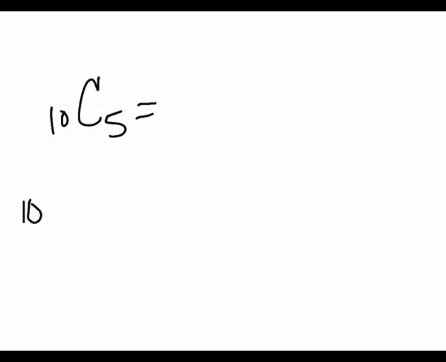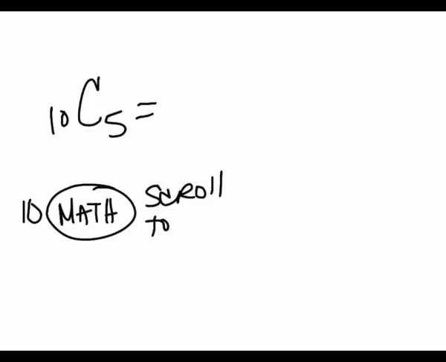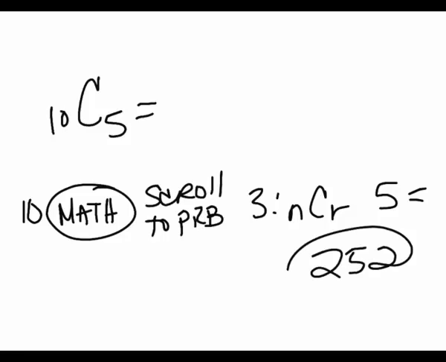You hit the 10 first, math, scroll to PRB, and it's number 3. You hit number 3, and the nCr should go on your screen. Then hit 5, then enter, and I get 252.